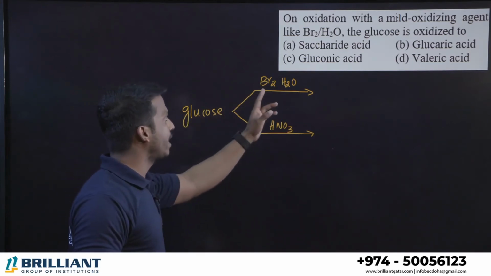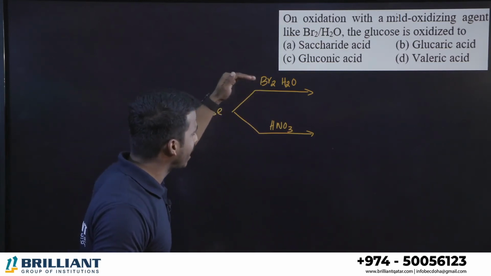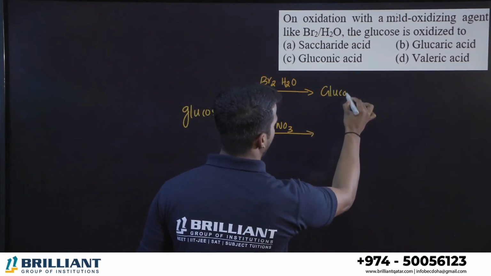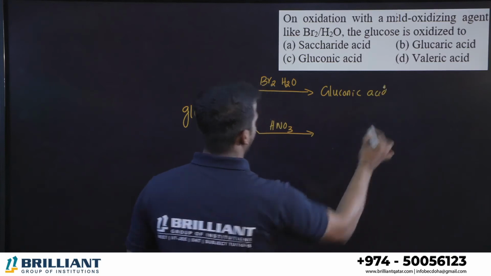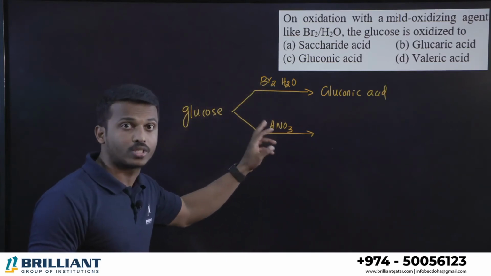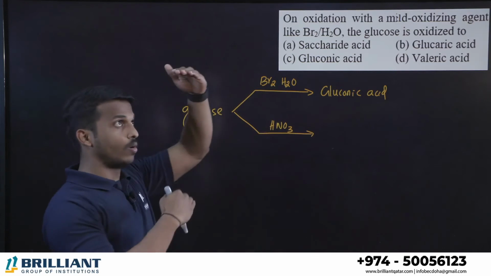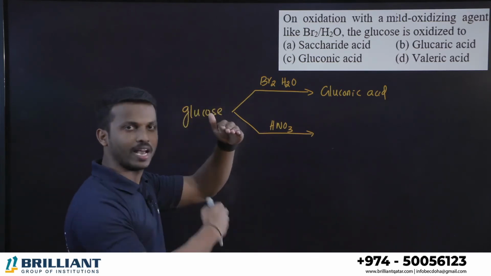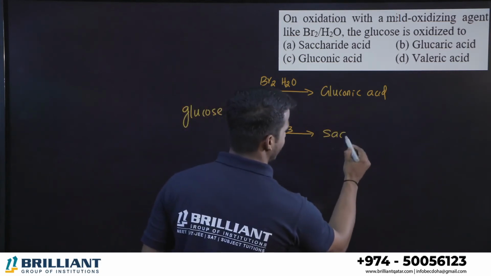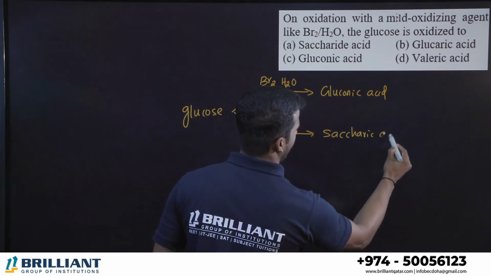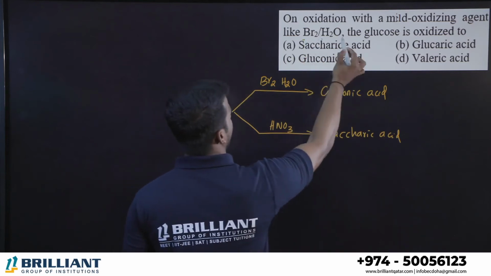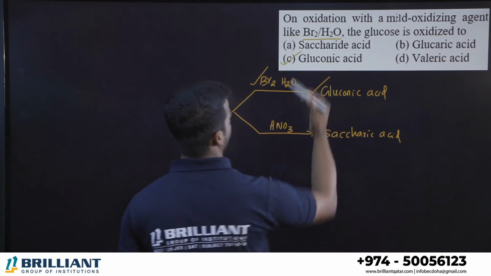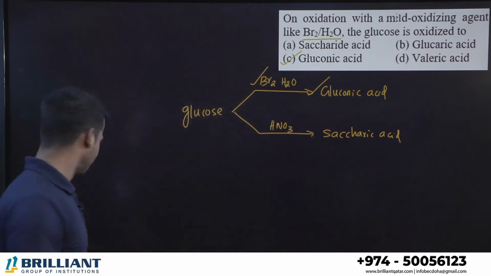Glucose, when it is oxidized with a mild oxidizing agent like bromine water, will give you gluconic acid. If you are using a strong oxidizing agent, the upper COOH, below also you will get COOH. There are two carboxylic acids, that is called saccharic acid. Here the question is with bromine water. With bromine water, it will give you gluconic acid. Option C is the correct answer.